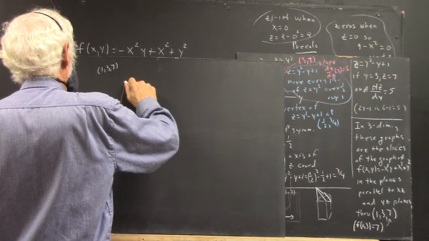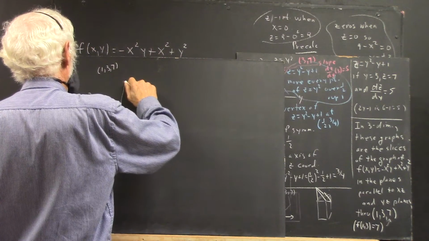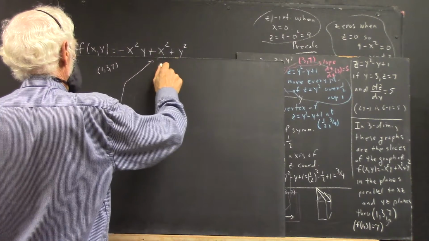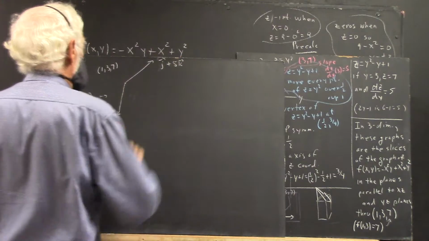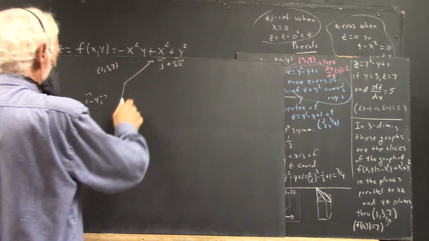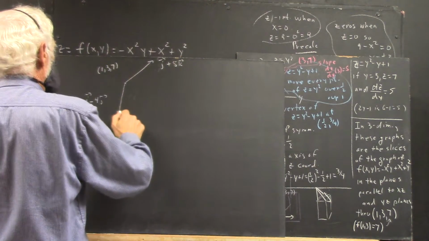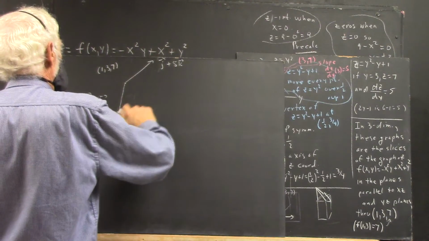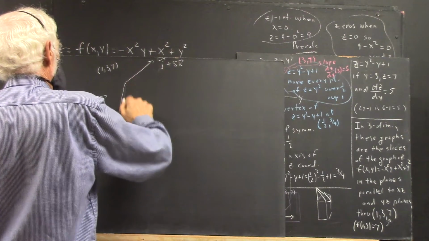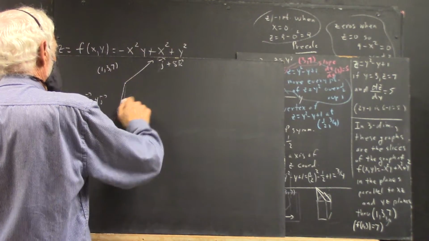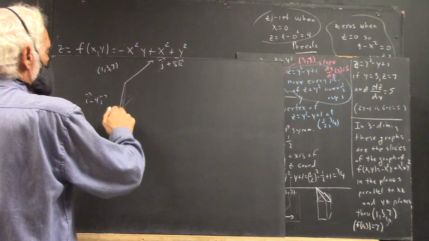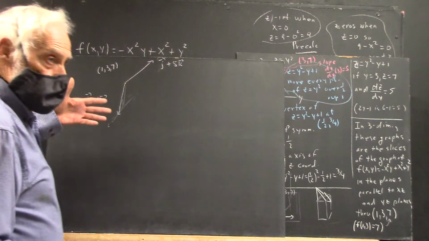So you've got, not drawn quite to scale, but you've got these vectors. This vector is in your xz plane, the plane parallel to the xz plane.